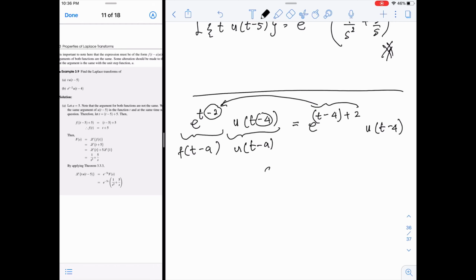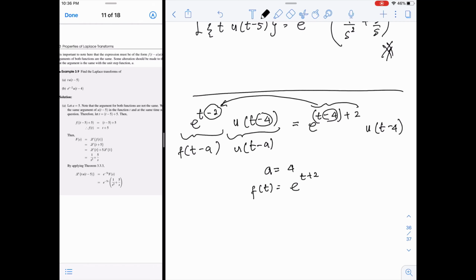So now you already have your a. Your a is 4, and then what is your f of t? Your f of t is the t without the a, so your f of t is exponent t plus 2.